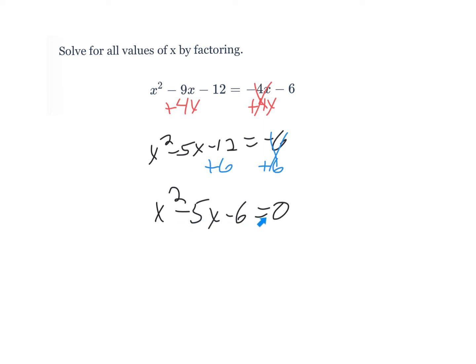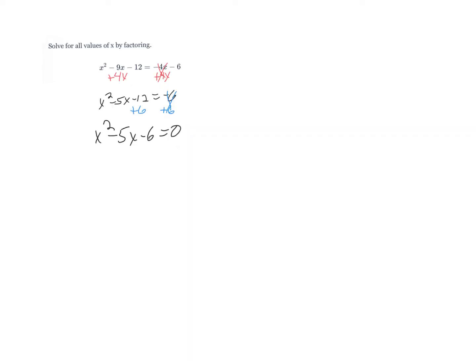Now we have an equation that is set equal to 0, and we can factor this trinomial or this quadratic equation. So remember, when we factor these quadratic trinomials, we can use the X puzzle, where we learn to find the factors of a times c that equal b.